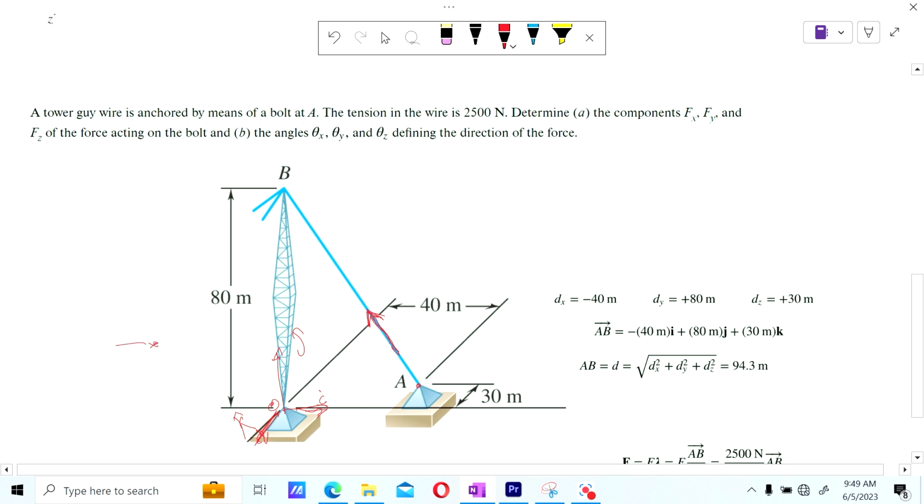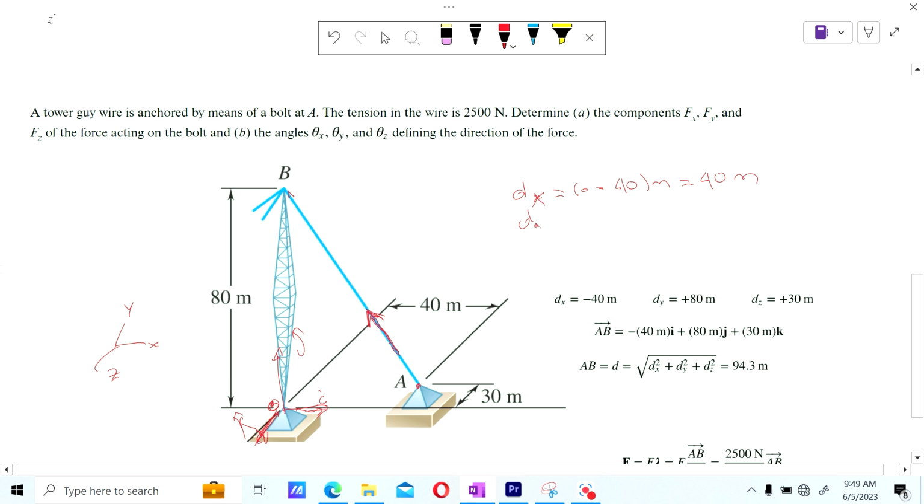Basically, it's going to be like this: X, Y, and Z. That is our origin. So the distance of X is going to be the head minus the tail. So that's another reason why it's easier to do it this way. The head is going to be 0. So distance in x is equal to 0 minus 40 meters. This is equal to negative 40 meters.